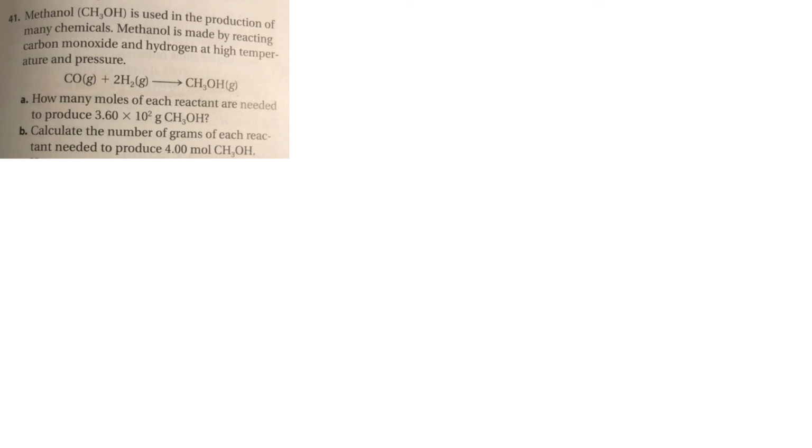So part B asks us to calculate the number of grams of each reactant needed to produce 4.00 moles of methanol. So we're converting moles to grams in this question. So we start off the question by writing off the given, which would be 4.00 moles of methanol, then writing the mole ratio of 1 mole of CO over 1 mole of methanol.